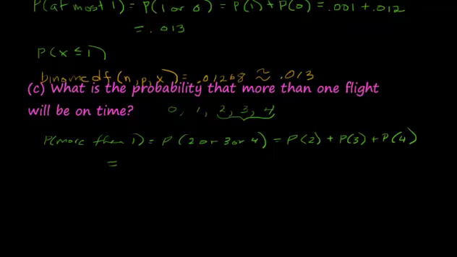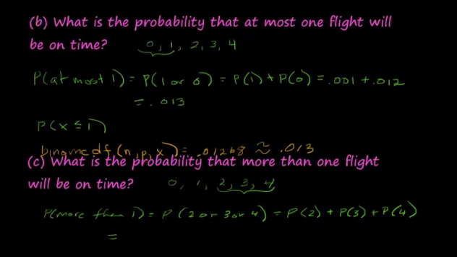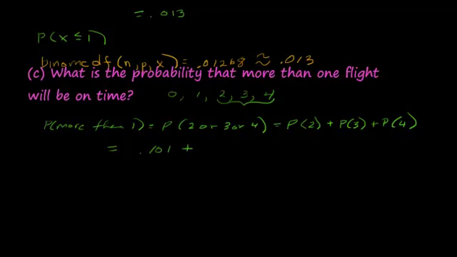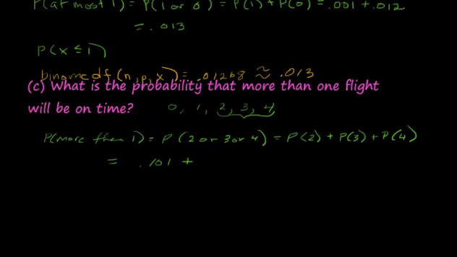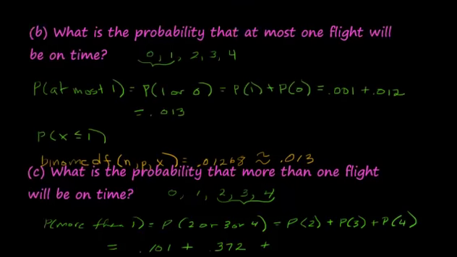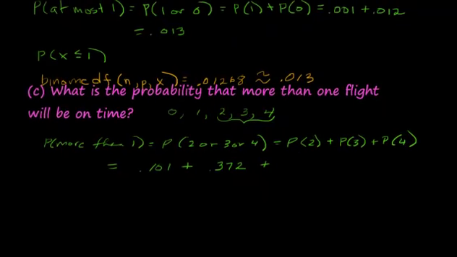The probability of 2, let's see, in our table, 2 is 0.101. 0.101 plus 3, 0.372 plus 4, 0.515.